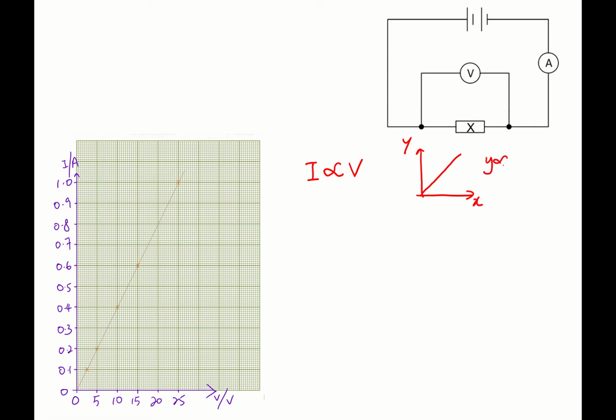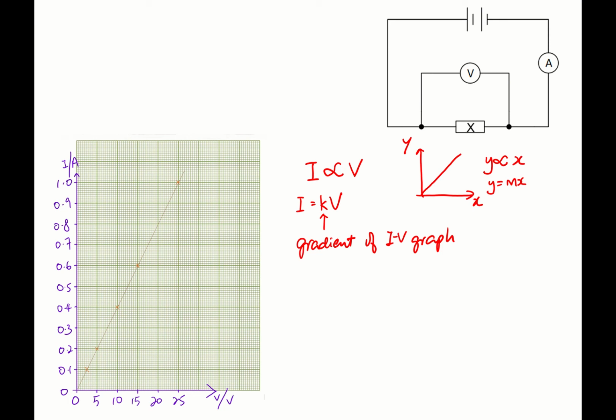So you get y is directly proportional to x. So in this case, I is directly proportional to V. In mathematics, y is directly proportional to x is actually y equals mx. And over here, we just let k be a constant, where k is the gradient of this IV graph.